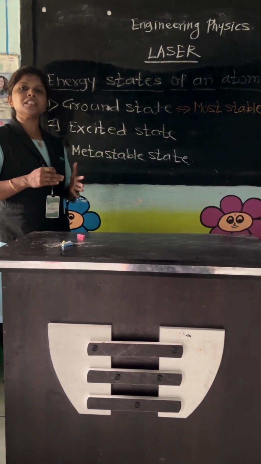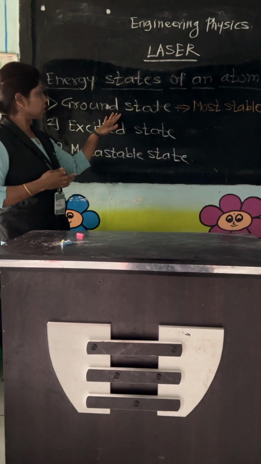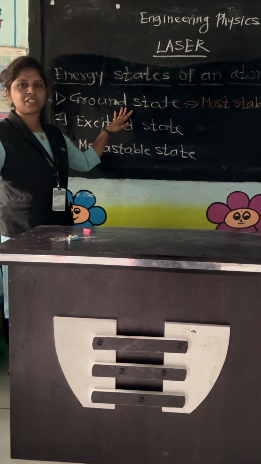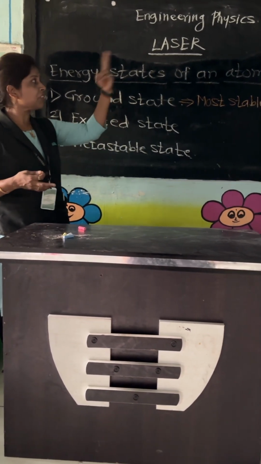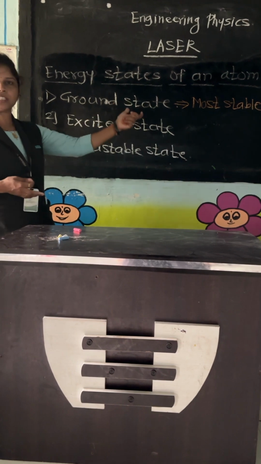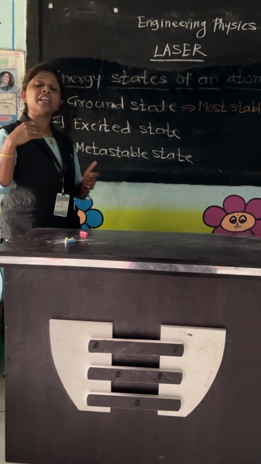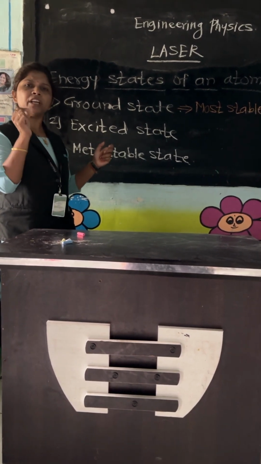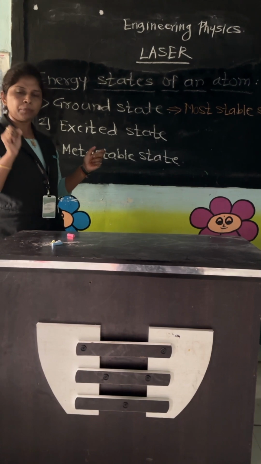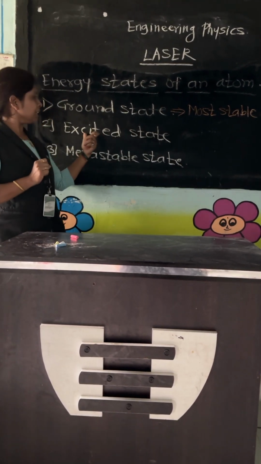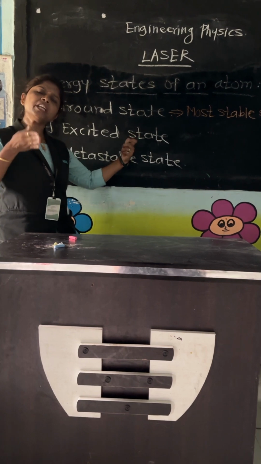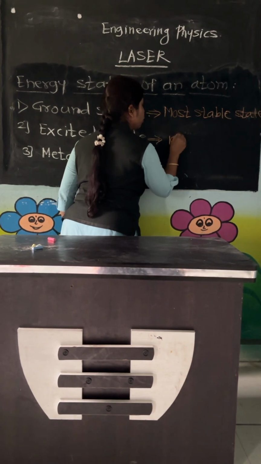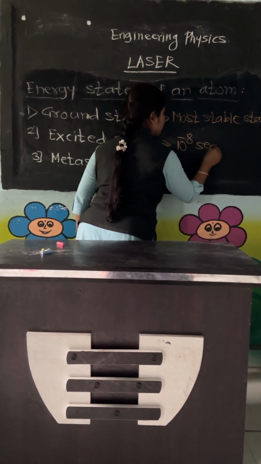Excited state is a higher energy state than the ground state. As I told you, ground state is the lowest possible energy state. Now the second state for the atom is excited state, which is a higher energy state than the ground state. It has a very low lifetime. That means any atom can remain in this excited state for a very short period, and that period is only 10 raised to minus 8 seconds.